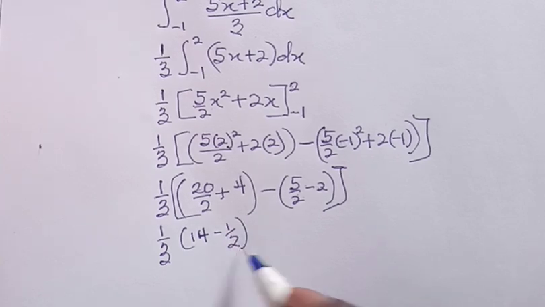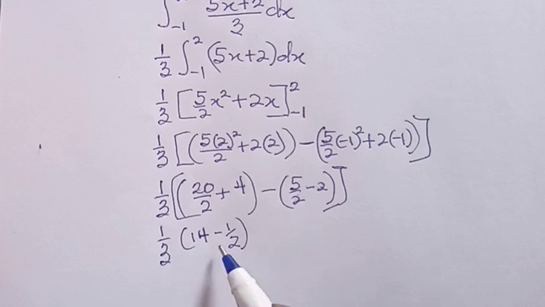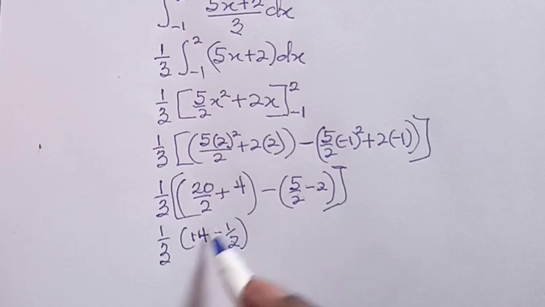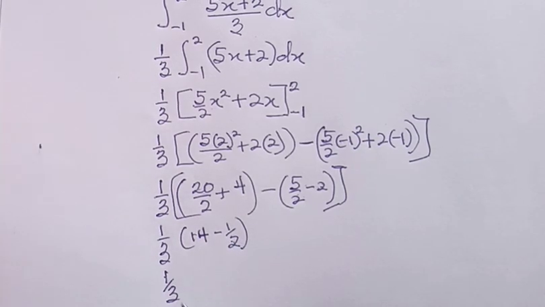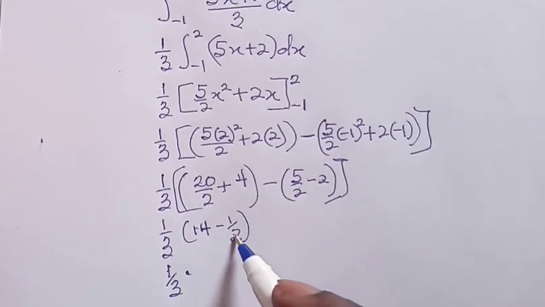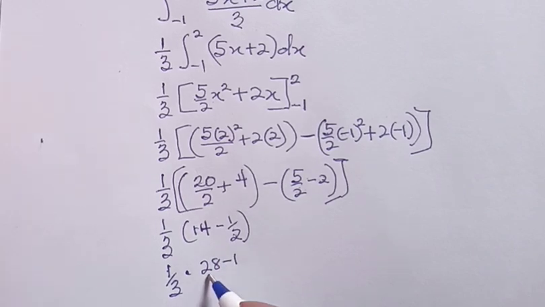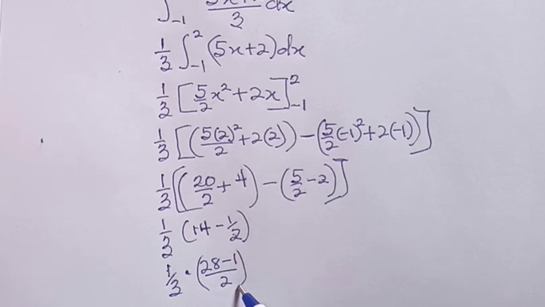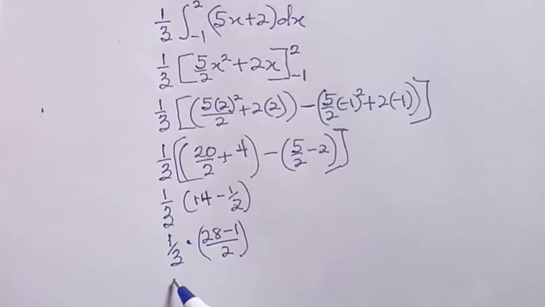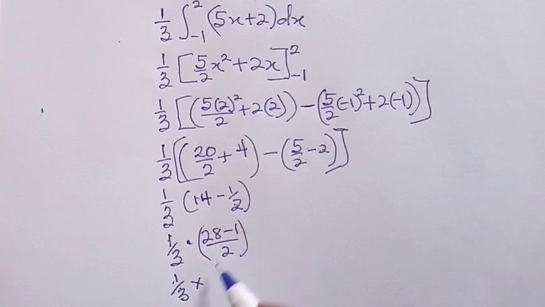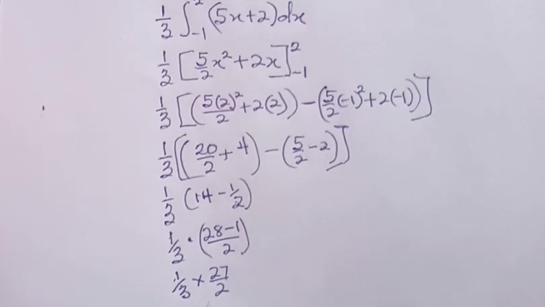Good. Once we have this, we can continue from here. If I deal with this bracket, I'm getting 1/3 times 28 minus 1 divided by 2. Which gives me 1/3 times, so 28 minus 1 gives me 27 divided by 2. Good.